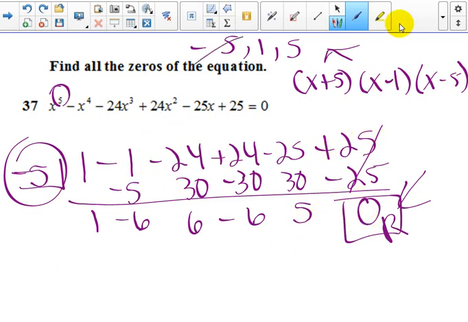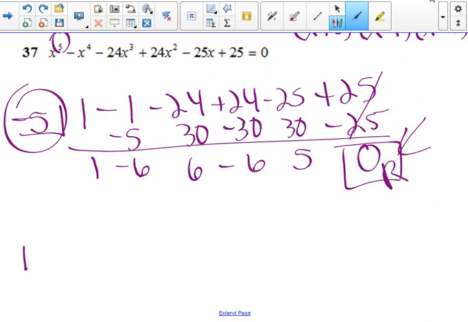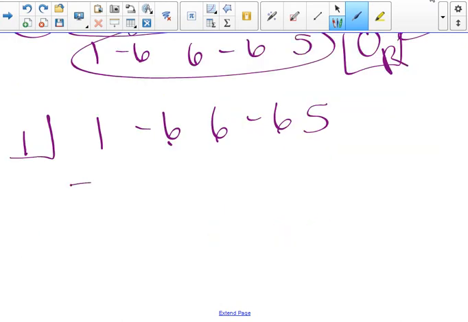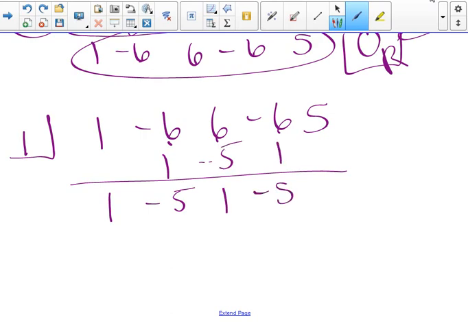Now let's do the next one and the next one. And I'm going to pause the video and come back. I want to point out we're taking out the 1, so you use what was left over to keep whittling down. So 1, -6, 6, -6, and 5. Now repeat the process. Okay, and now we've done that one.